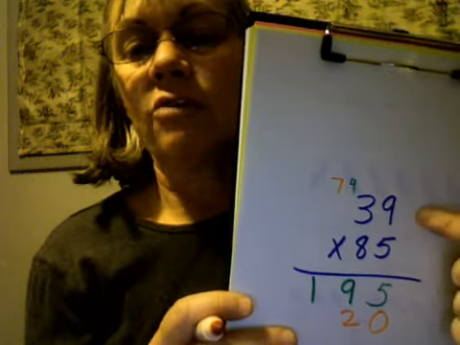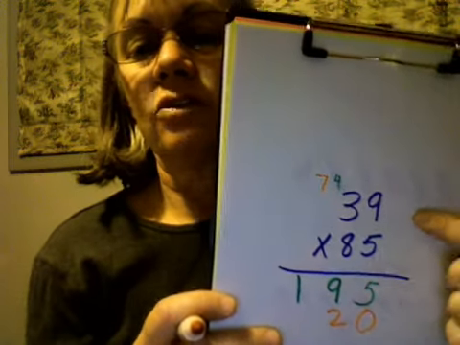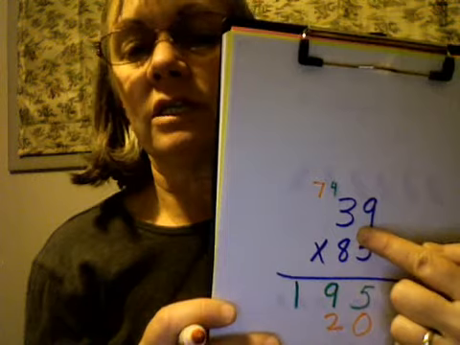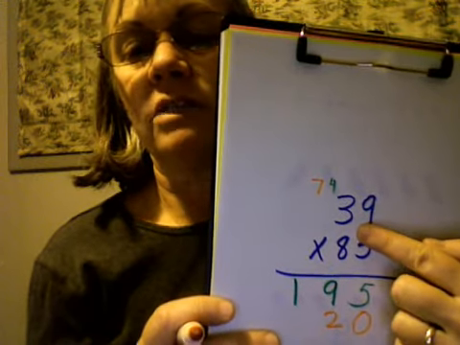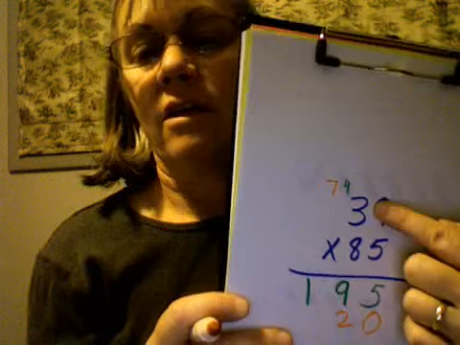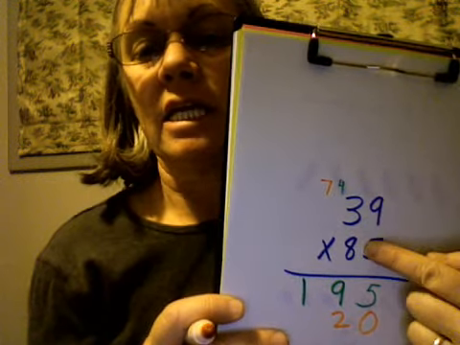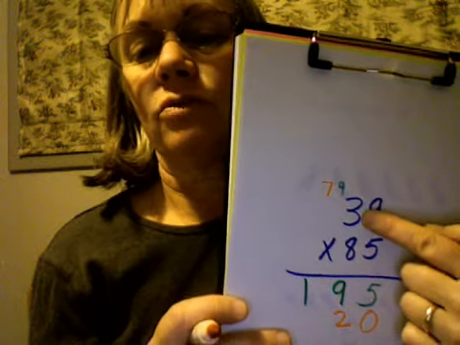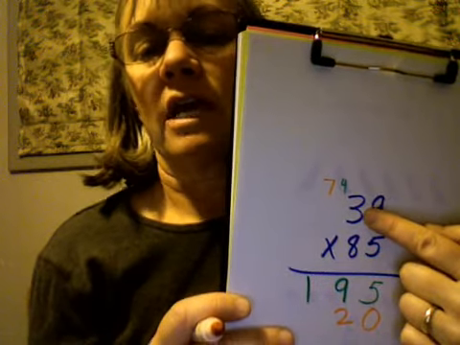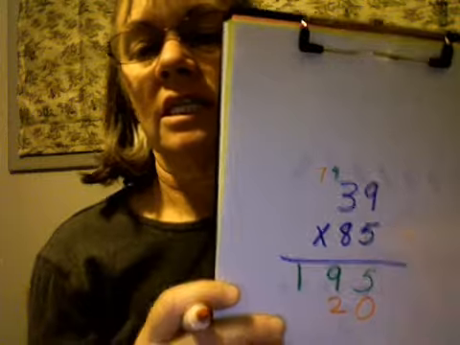Now 80 groups of 30 is 2,400, and we have 700 with that. Together, 80 groups of 30 is 2,400, and 7 more hundreds is 3,100.